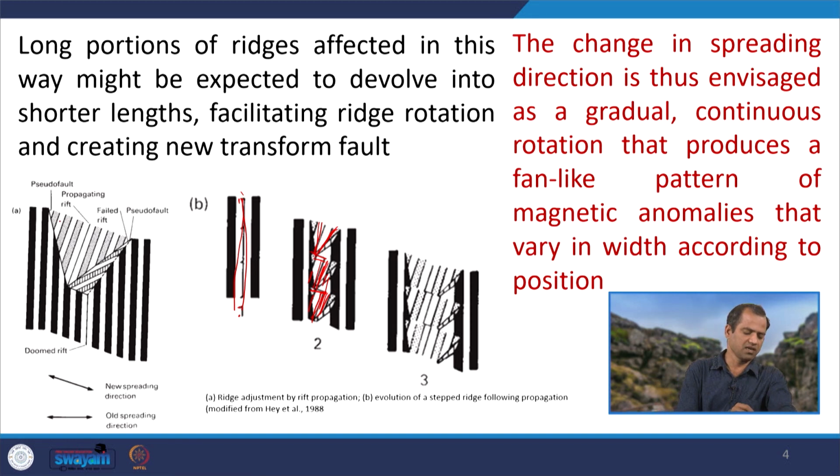Now, suppose earlier this is the ridge orientation, now the new ridge orientation is here. Earlier these were the magnetic lineations, now new magnetic lineations are there. So, now this old and new are intervening here, but imagine these regions were newly formed, and that is why they were not rigid.